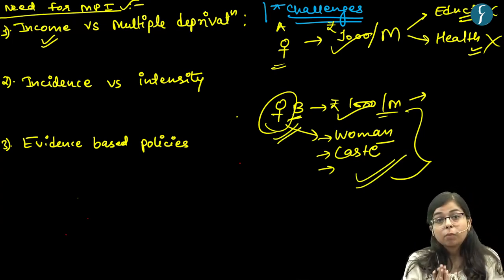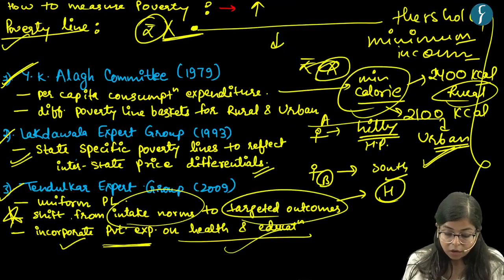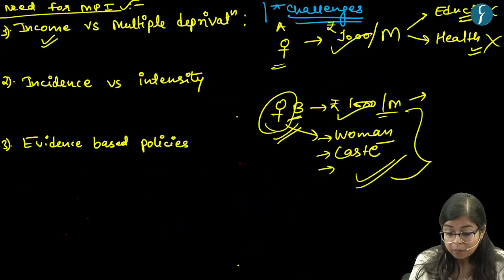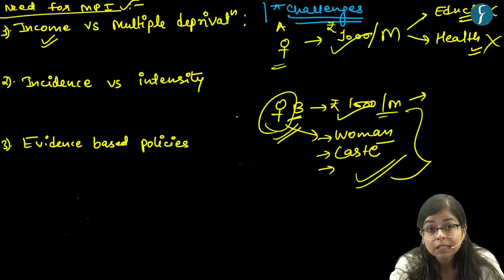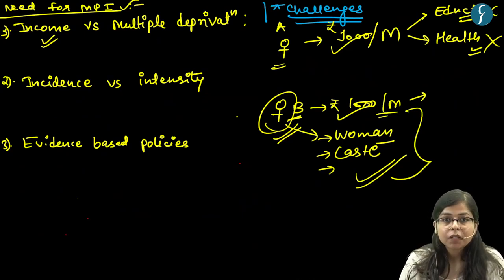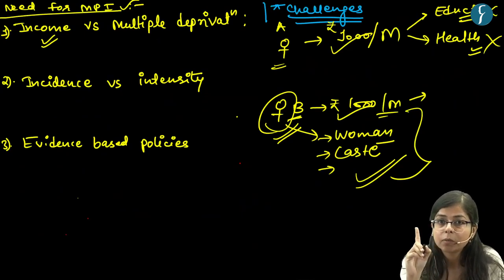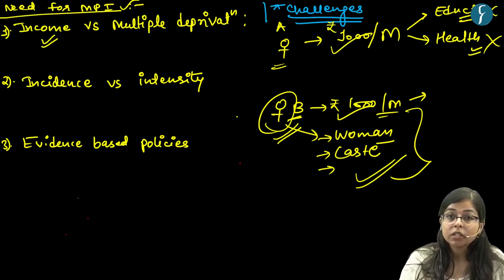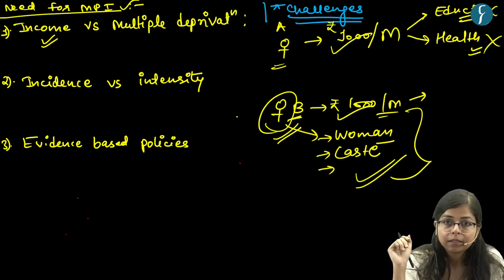So multidimensional poverty index based on these parameters may be more easily able to assess the kind of deprivation person B is facing, right? So this is the first importance of multidimensional poverty index, that is the better gauging of the dimensions in which a person is lacking, right?